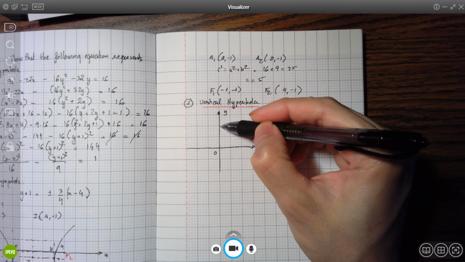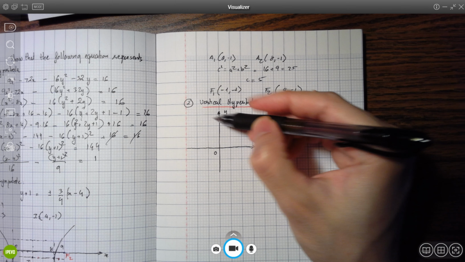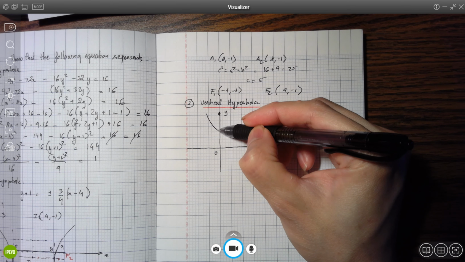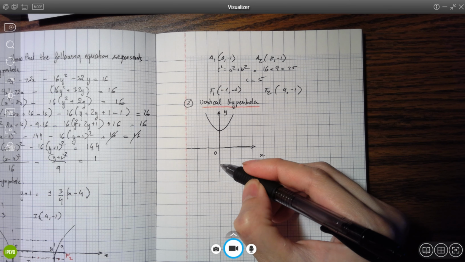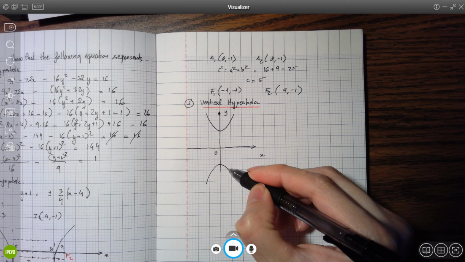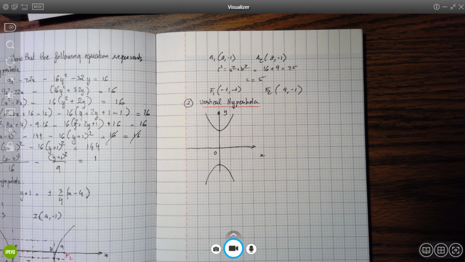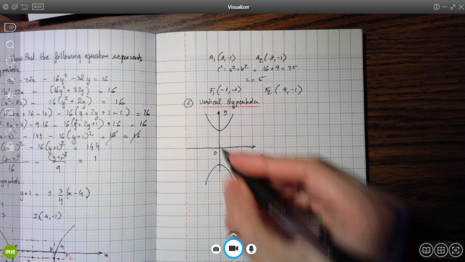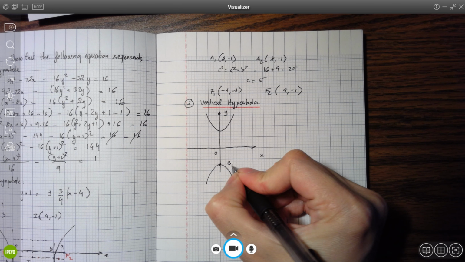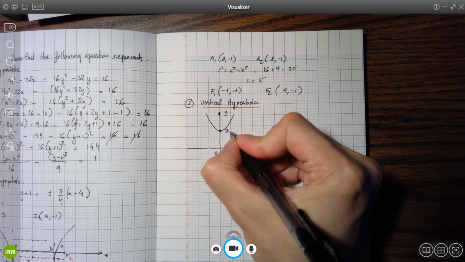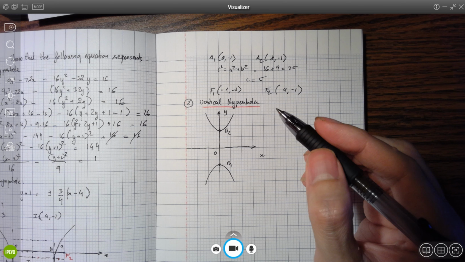So I'm going to have something here, something like that. It means we will have B1 over here, and B2 here as the vertex, and we have the center box.